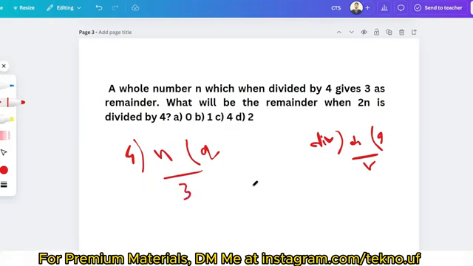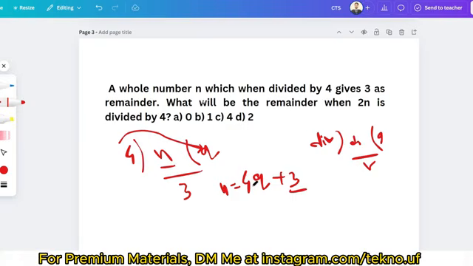So what will be the formula? The value of n, that is the dividend, will be equal to 4q plus 3. Divisor into quotient plus remainder is equal to the dividend.